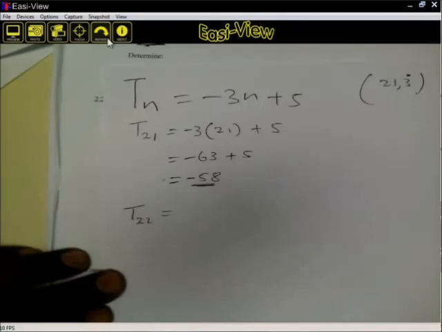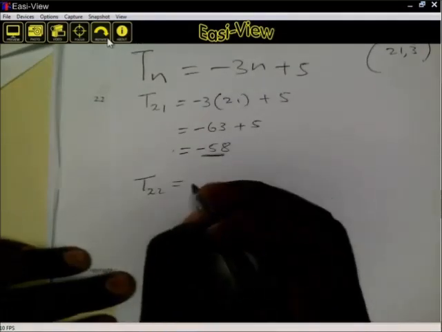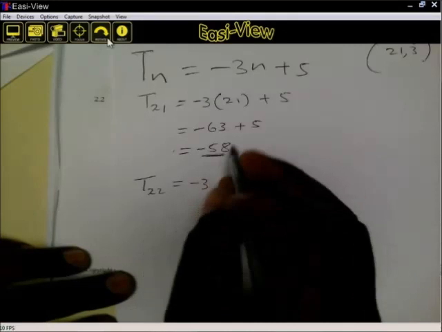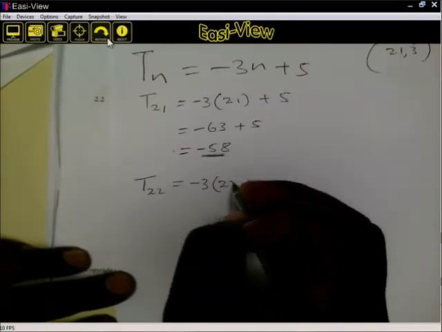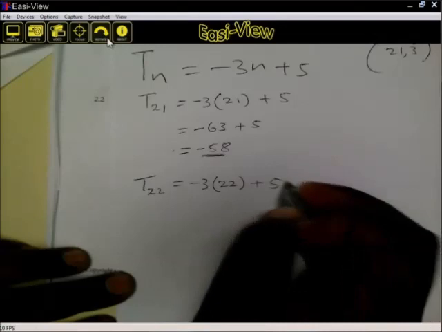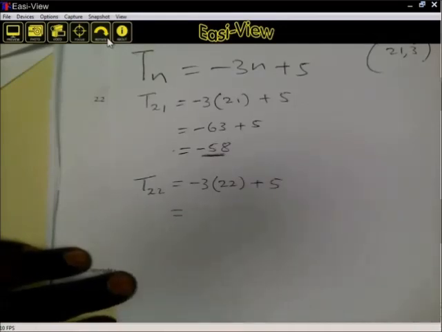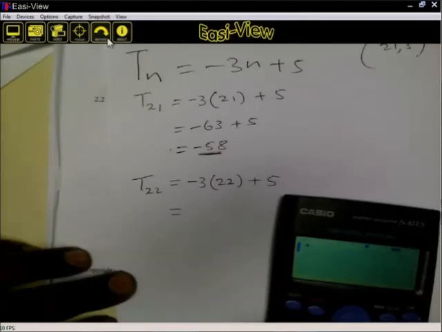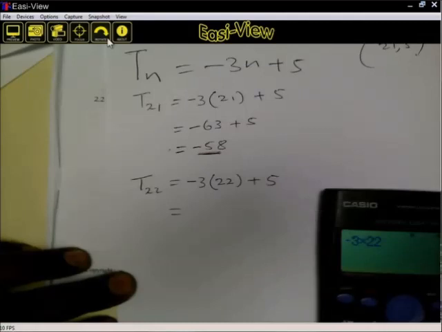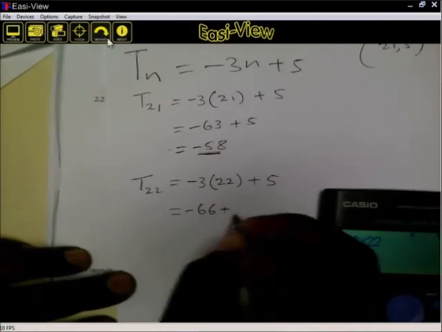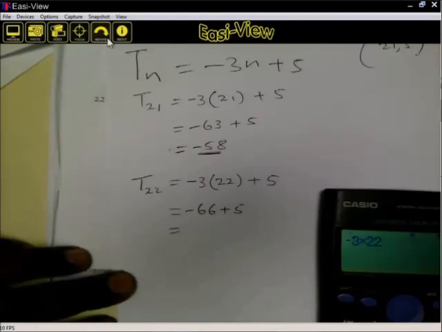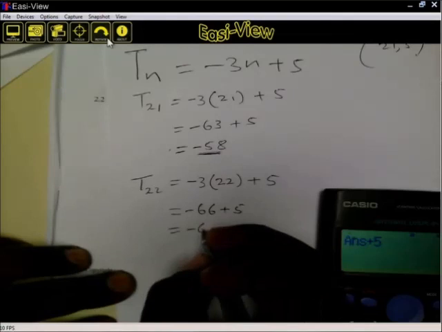Now, if we test with term number 22, it means we are going to have negative 3, and then in the place of n we write 22, and then we have plus 5. And this here is equal to, we use a calculator again, negative 3 multiplied by 22, and that gives us negative 66 plus 5, and this is equal to negative 61.